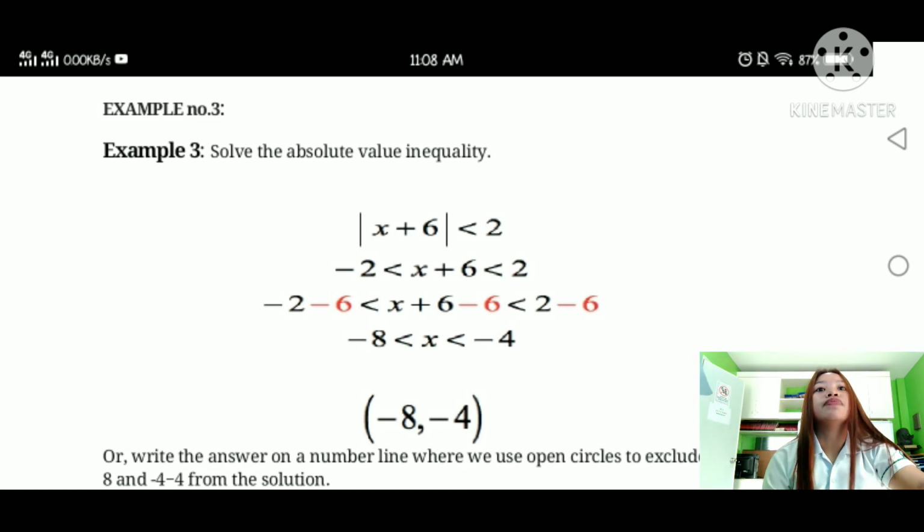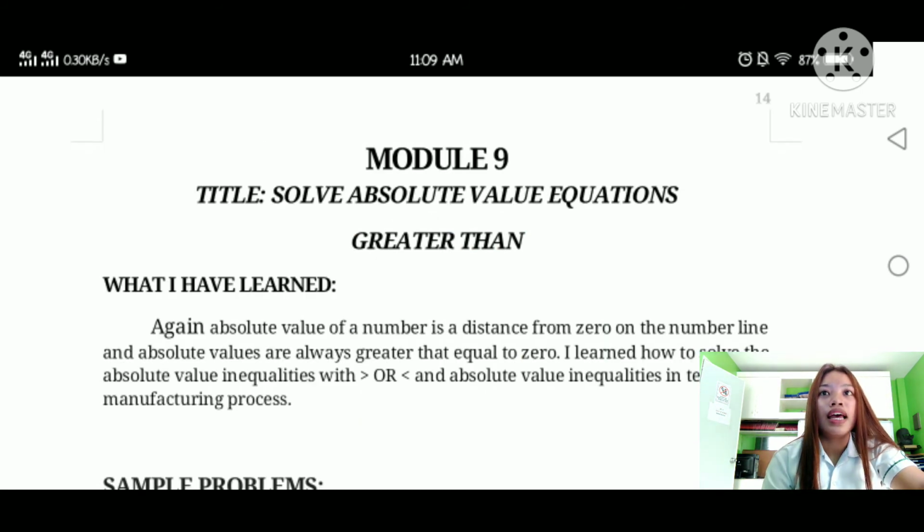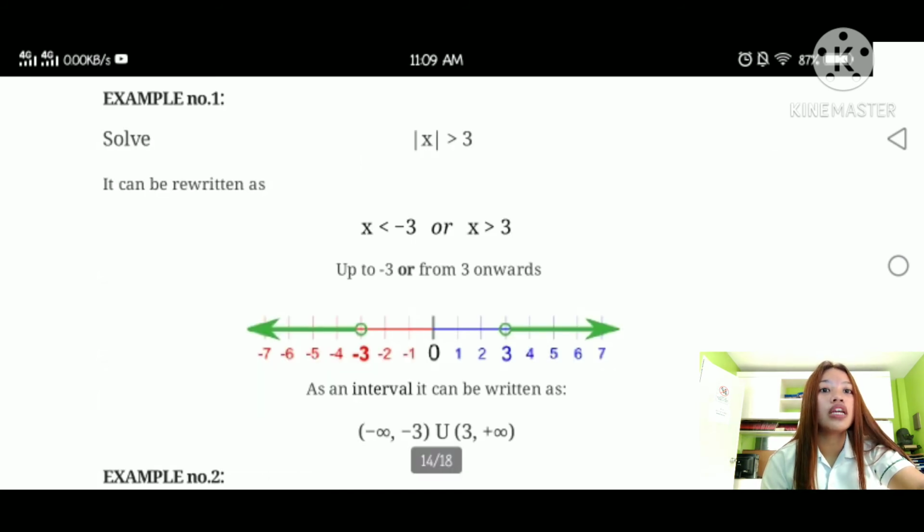You can solve them. For module 9, titled Solve Absolute Value Inequalities with Greater Than. Again, the absolute value of a number is its distance from 0 on the number line, and absolute values are always greater than or equal to 0. I learned how to solve absolute value inequalities with OR. For example, the absolute value of x is greater than 3.